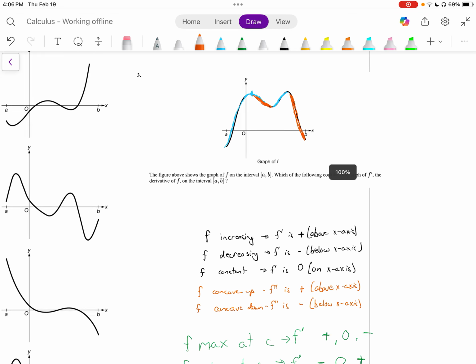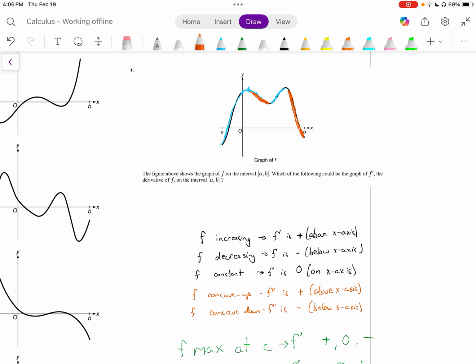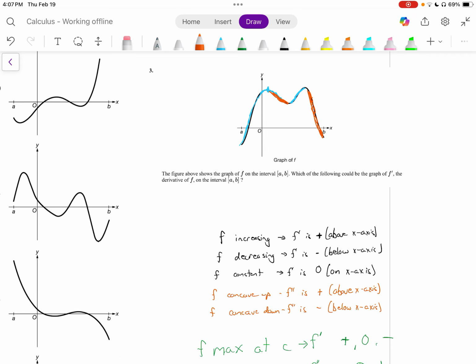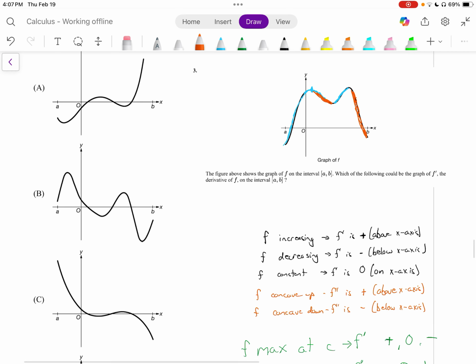Well, we can remember that if f is increasing, this first derivative should be positive, or above the x-axis. If it's decreasing, it should be below. So our function should be above the x-axis, below, above, below. So this is one way to think about it.